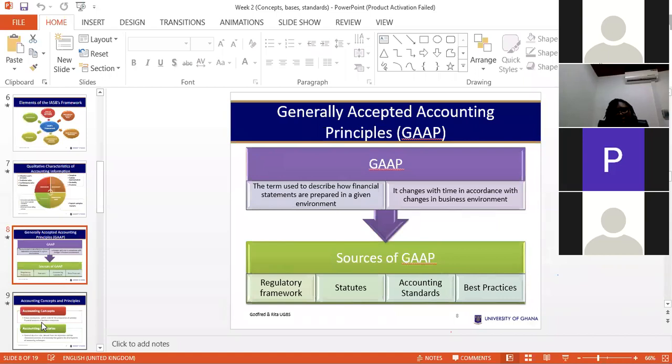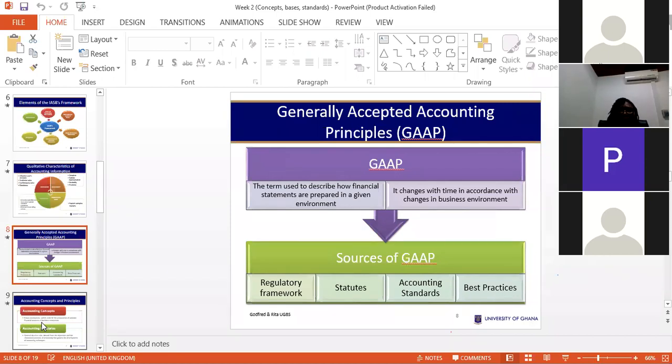The standard setters or the international body put together how we can prepare financials. And that is the embodiment of the guidelines.